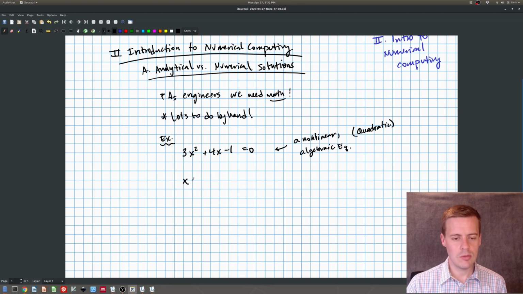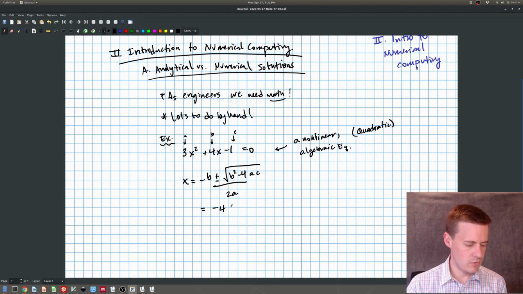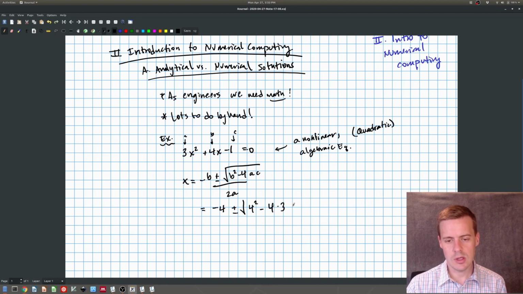So you remember x is equal to negative b plus or minus the square root of b squared minus 4 times a times c all over 2a. Where this is a right here, this is b right here, and this is c right there. So that's minus 4 plus or minus the square root of 4 squared minus 4 times 3 times negative 1, divided by 2 times a, which is 2 times 3.